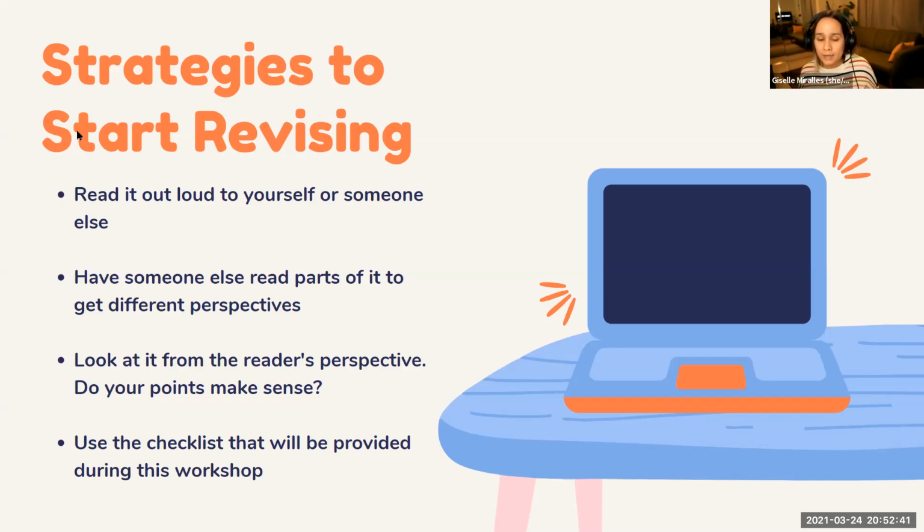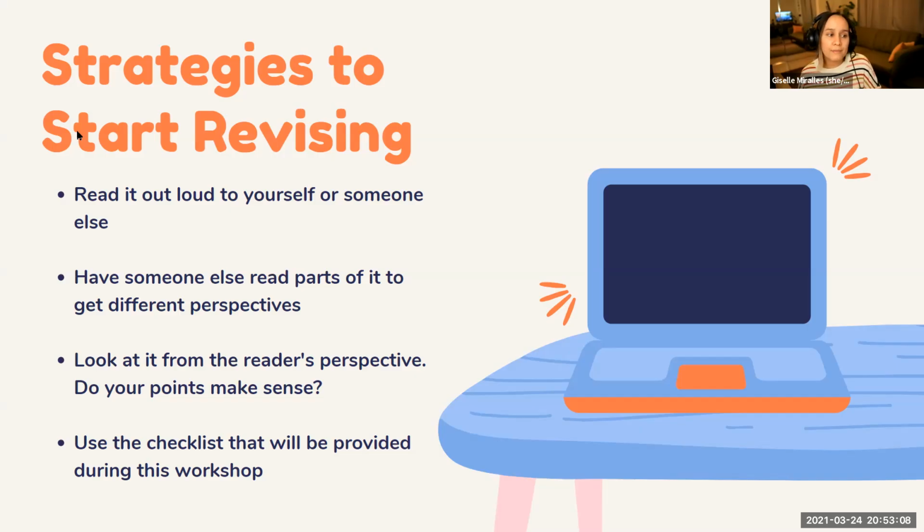When you read your work out loud, you can hear certain things that you might not have caught by just reading it in your head. Another benefit of reading it to someone else is that they might be able to catch something that you are unaware of. Perhaps they have a different knowledge of writing, and drawing on that knowledge is a helpful way for you to catch mistakes in your writing.